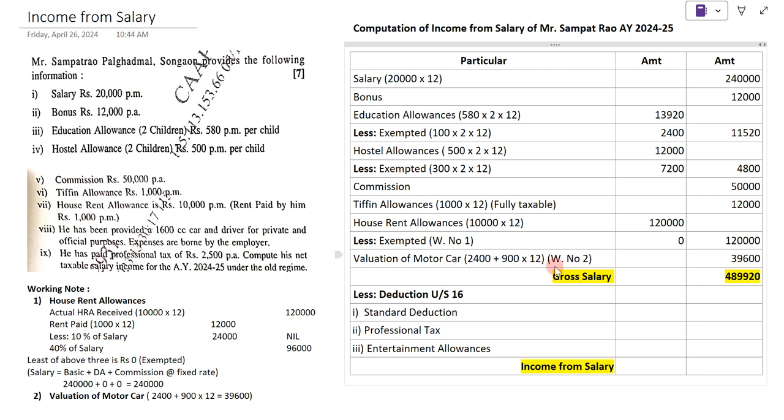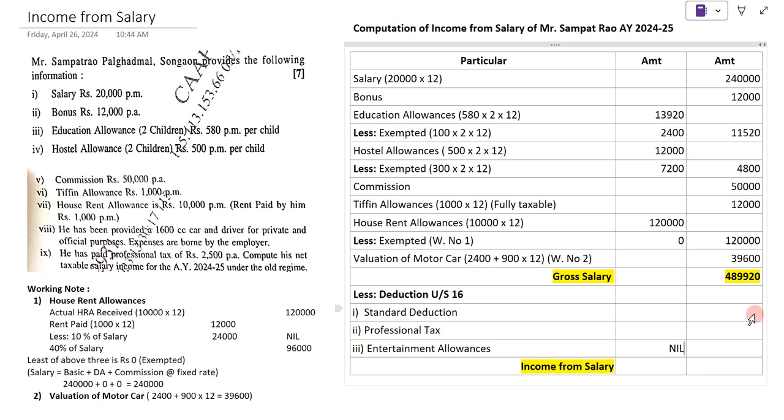From this gross salary, we have to deduct as per section 16. As per section 16, deductions are of 3 types, that is standard deduction, professional tax and entertainment allowance. Now entertainment allowance is only given to a person who is working in a government company. Hence, since he is working in a private company, entertainment allowance is nil.